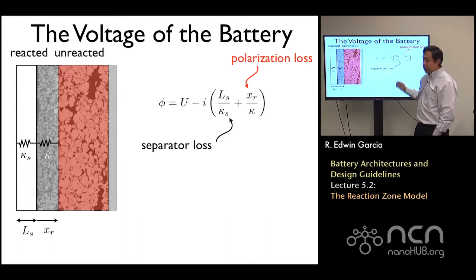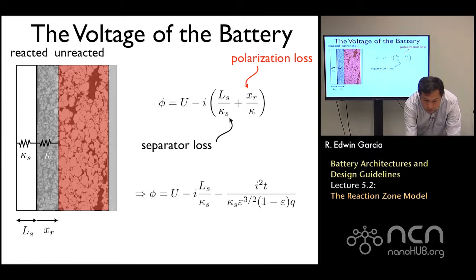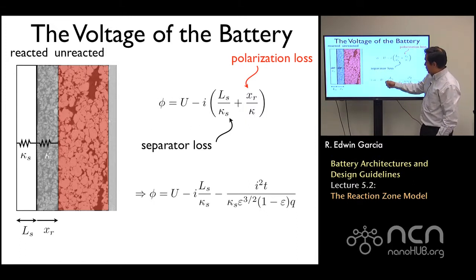Okay, so if you do that and make the substitution, basically what you will get is the constant loss, constant in the sense that it's only proportional to the current, the thickness of the separator, and the effective conductivity of the separator.